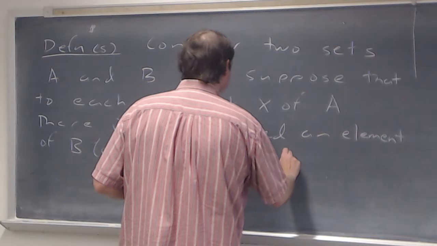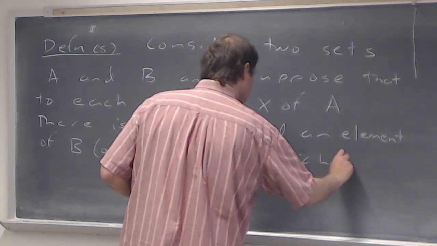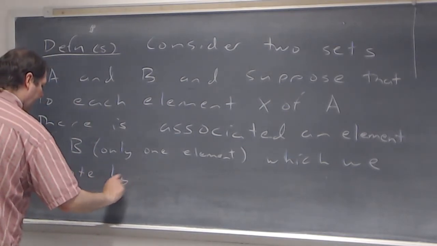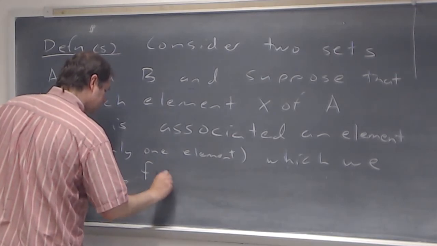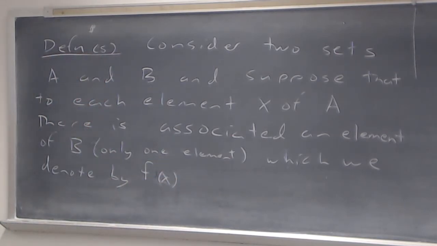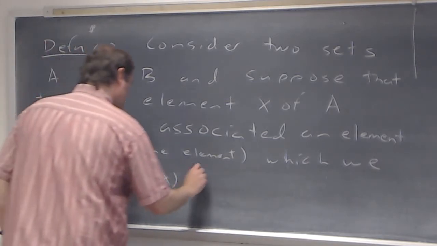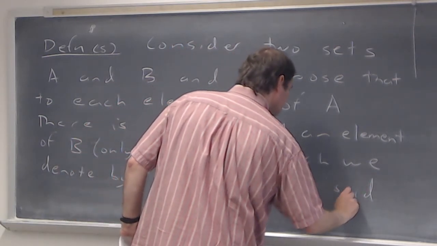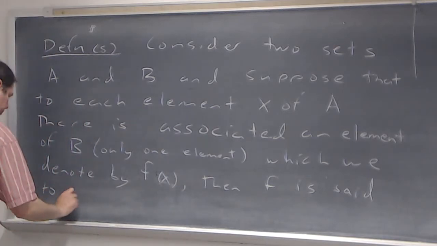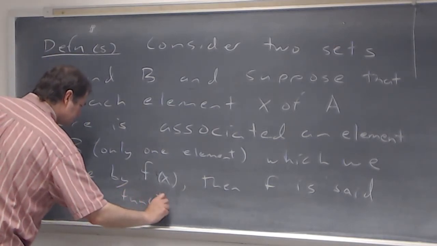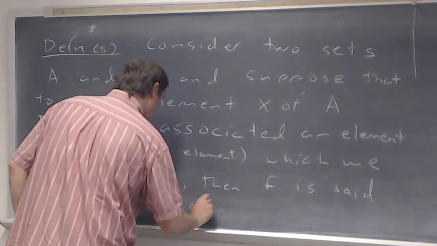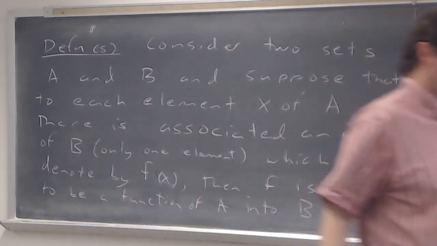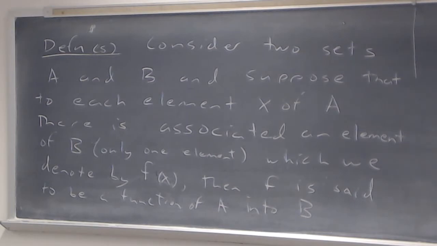Which we denote by f of x, then f is said to be a function of A into B. Sometimes we call it a mapping.